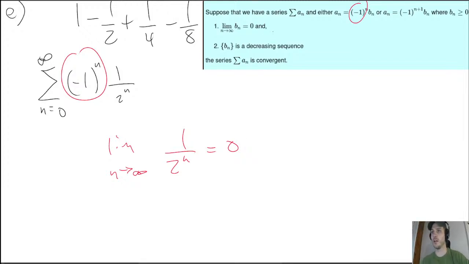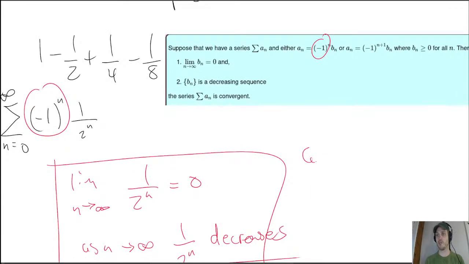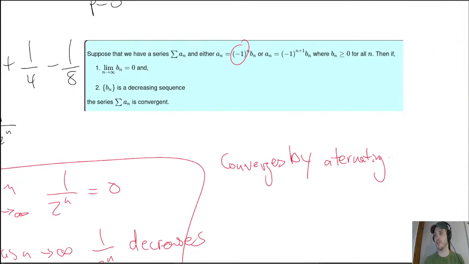Then we need this to also be decreasing. So as n approaches infinity, 1 over 2 to the n decreases. And I don't know that you have a way to show that something is decreasing with pre-calculus techniques, but you could just say this. So now we have those two things, so it converges by alternating series test.